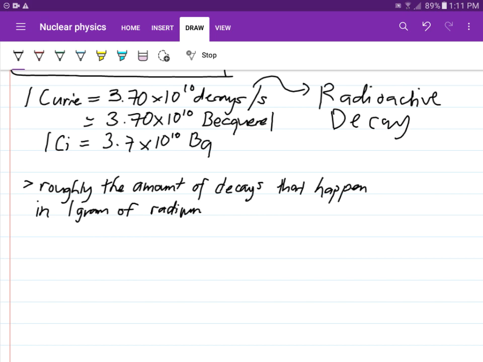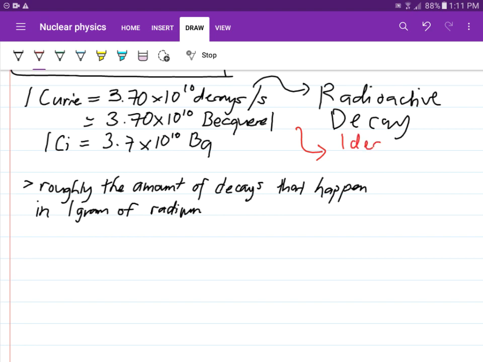It has units of number of decays per second. So 1 curie is equal to 3.7 times 10 to the 10 decays per second. Or you can also say that 1 decay per second is equal to 1 becquerel. And then 1 curie is equal to 3.7 times 10 to the 10 becquerels.